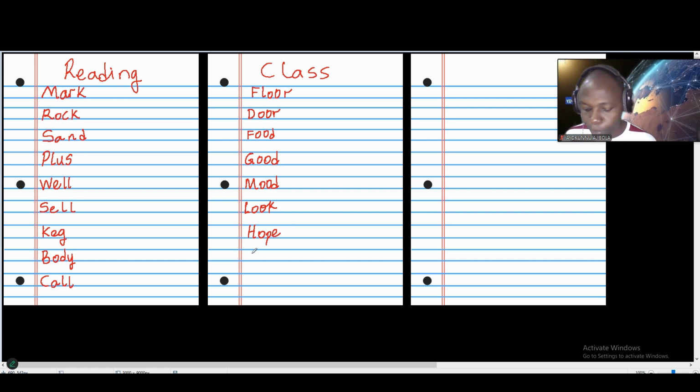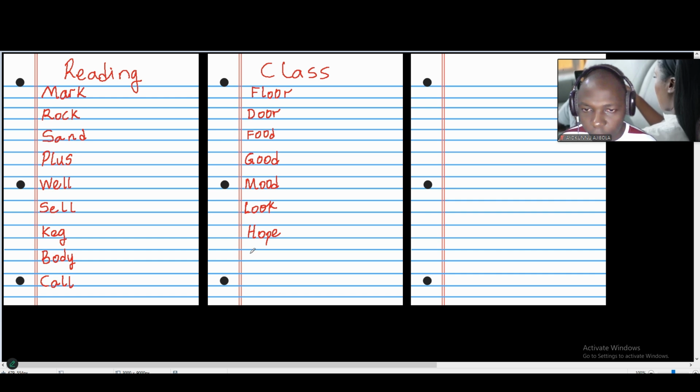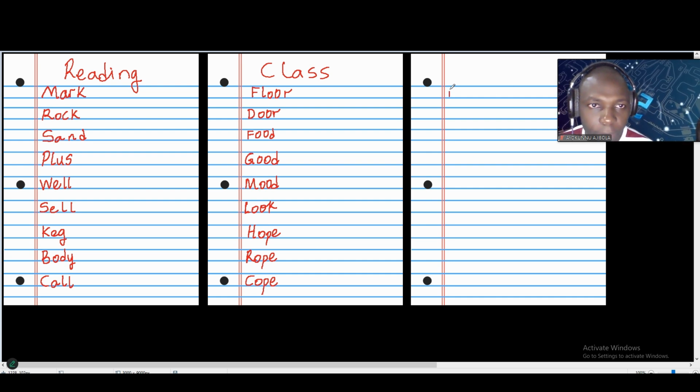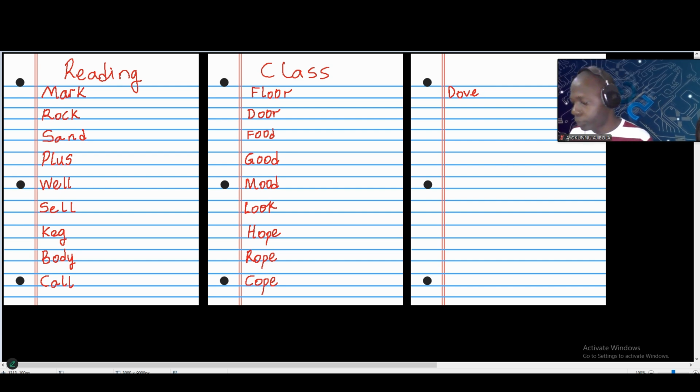And the next word is, if I remove H, I put R, it becomes rope. Yeah, rope. And the next one, if I remove the R, I put C, it becomes cope. And another one I want to write is dove.